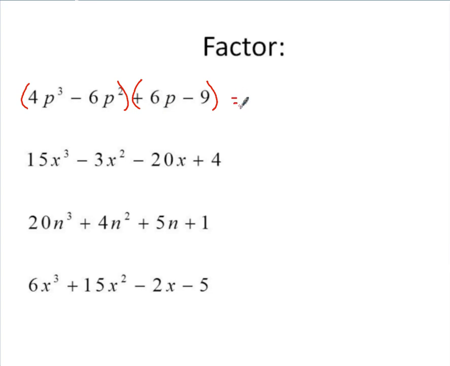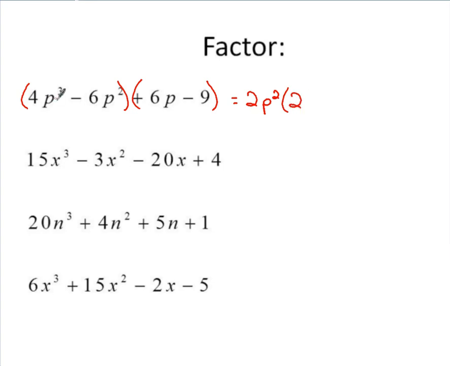So if I look at the greatest common factor in this first piece, I've got 4 and 6 involved, so 2 I would take out of that. You've got a p to the third, you've got a p to the second. So as far as the greatest amount I could take out there with the p's, I could take out 2 of those, right? Because at least 2 are present in each term. I take 2p to the second out of this first set of parentheses, meaning what's left over, well, let's see here. 2 goes into 4 here, you got 2 left.